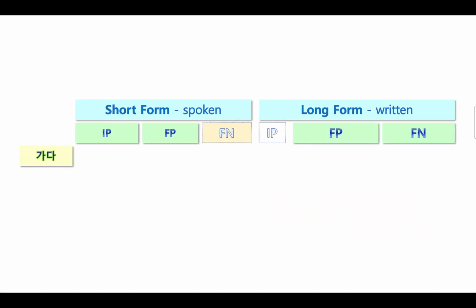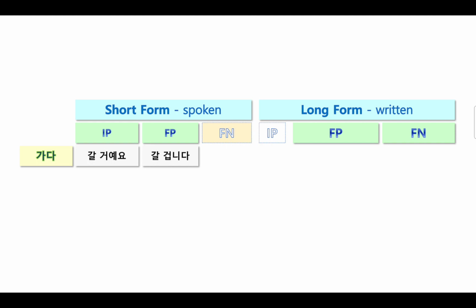Okay, let's practice. 가다 and short form, spoken language, informal polite, 가 plus 를 거예요. 갈 거예요. 갈 거예요. And formal polite, 갈 겁니다. 갈 겁니다. And formal non-polite.